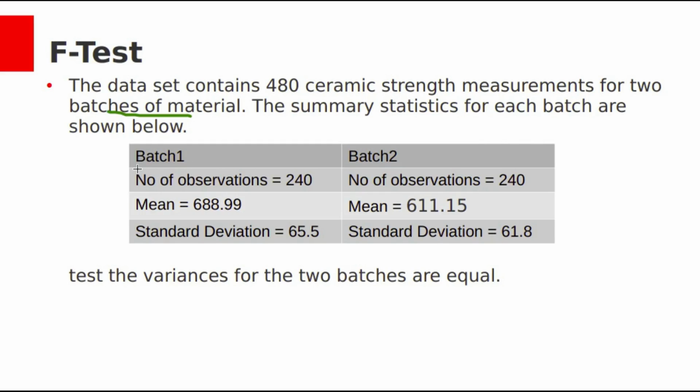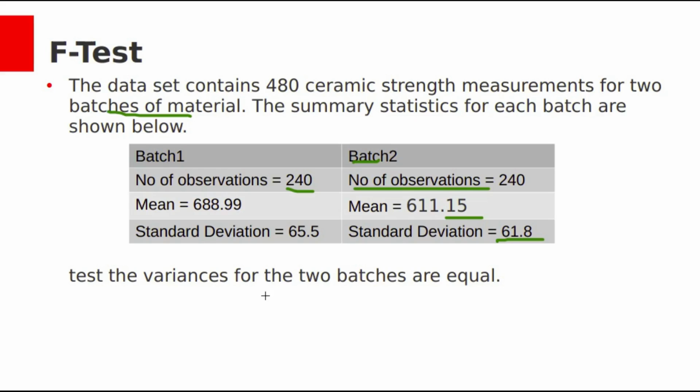In batch 1, the number of observations is 240. Its mean is 688.99 and standard deviation is 65.5. In batch 2 also, the number of observations is 240. Its mean is 611.15 and standard deviation is 61.8.